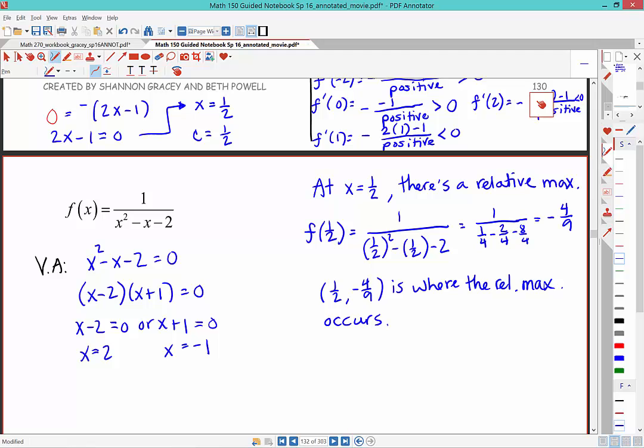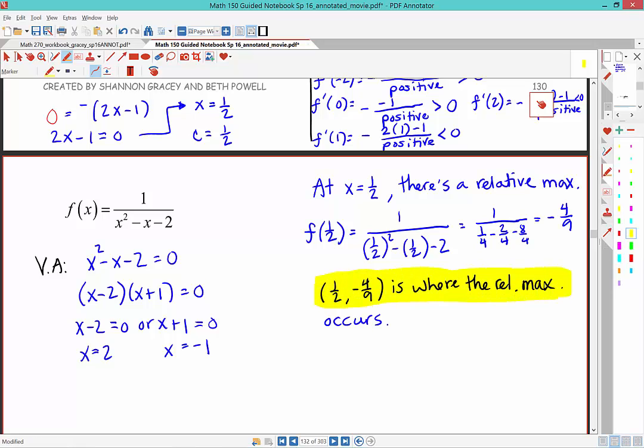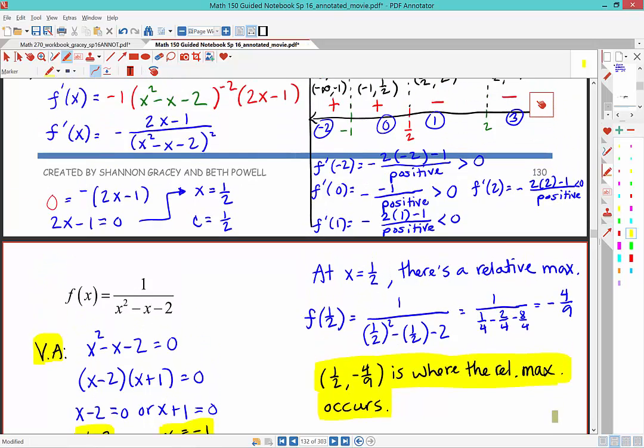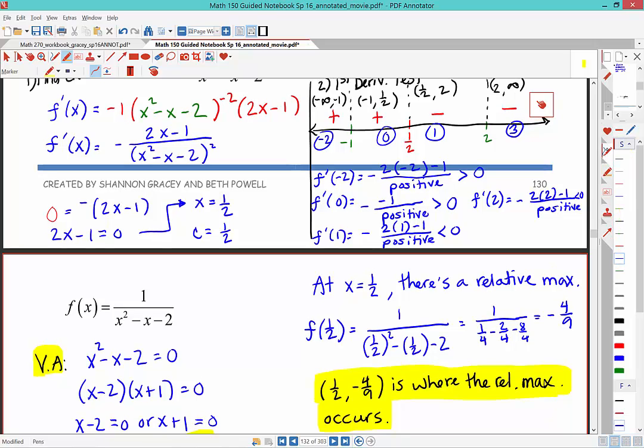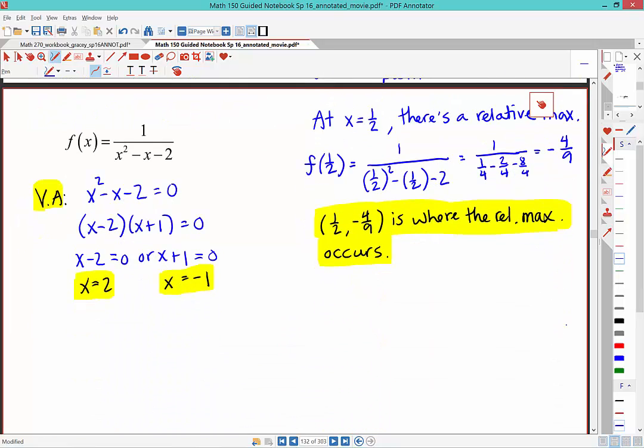Okay, so we're going to want to make sure we keep that information handy. Let's highlight this guy because we're going to need this for our graph, right? What else might be important stuff? Good. The vertical asymptotes occur here and here, at x is 2 and at x is negative 1. What else do we know about our function? What intervals is it increasing on? Good. It's increasing on the first 2 and decreasing on the second 2.